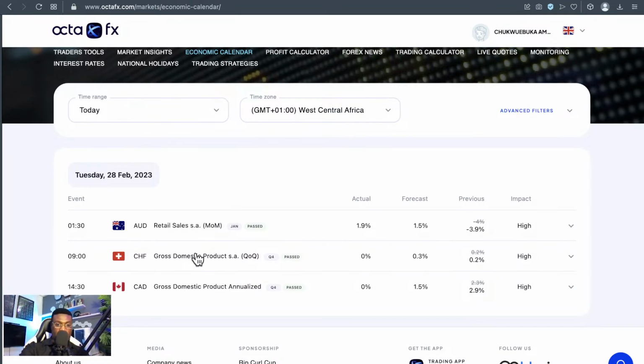Okay, we've also had gross domestic product on the Swiss franc and the Canadian dollar as well. If you are not familiar with gross domestic product or GDP, the GDP gives a report on the total amount of goods produced within a country's border in a specified period. This product can be used for consumption or for investment, or to replace an asset.